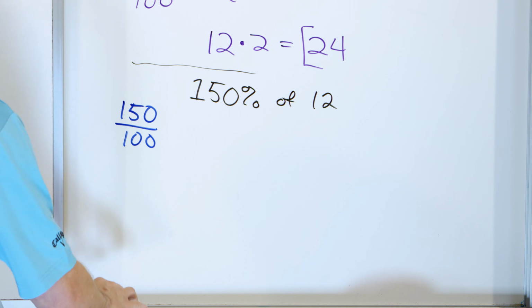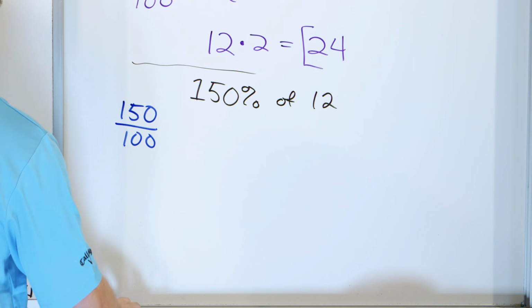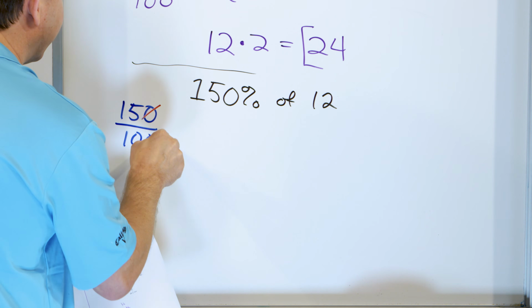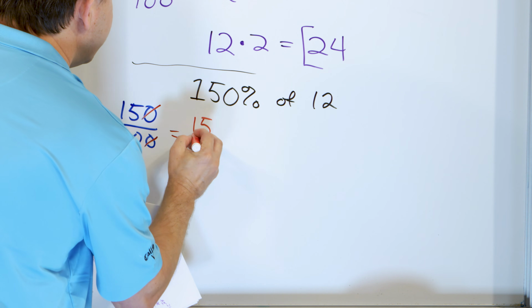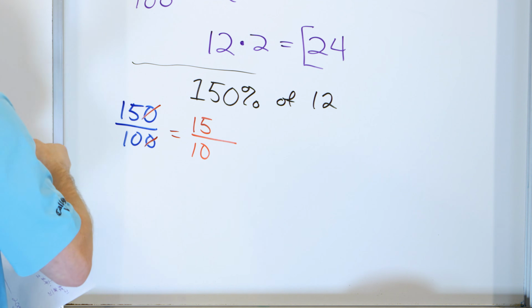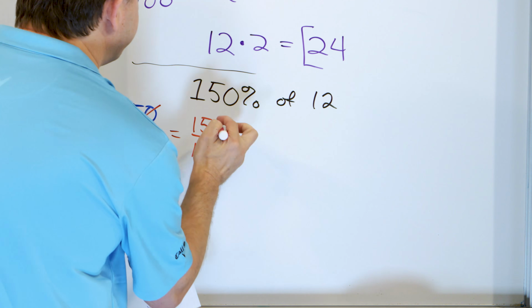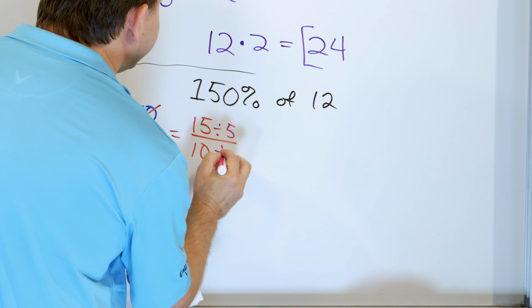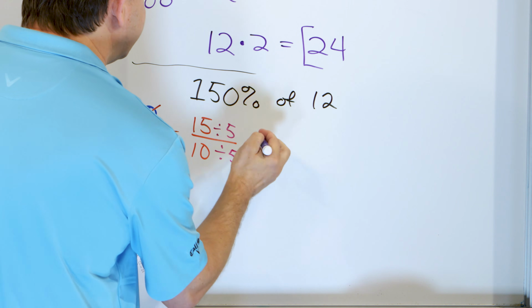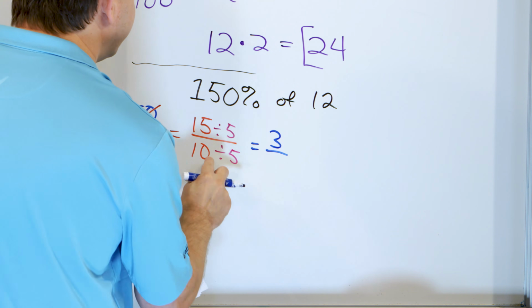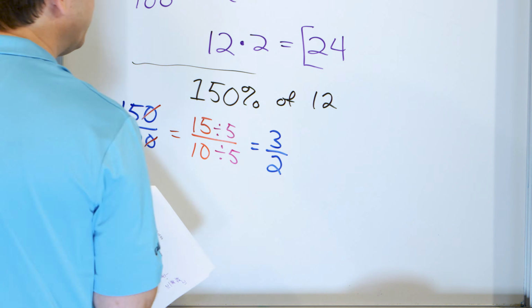But we know from before that we can cancel any trailing zeros, so really all we have is 15 divided by 10, or 15 tenths. And we can divide this by 5 and divide this by 5. So the fraction that we actually get from this is 15 divided by 5 is 3, and 10 divided by 5 is 2. 3 halves.